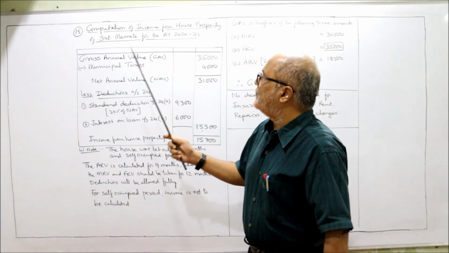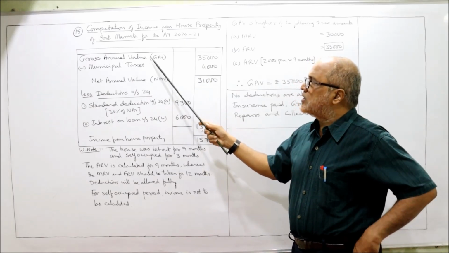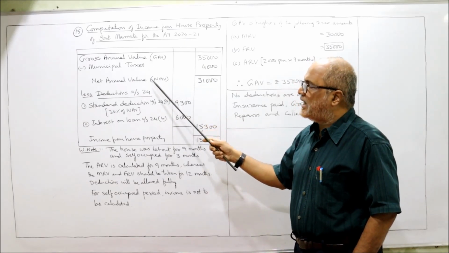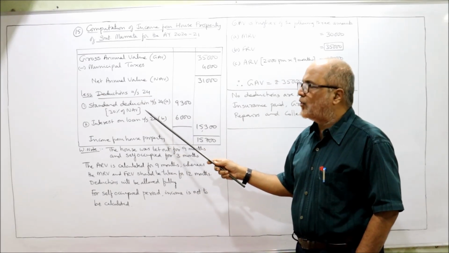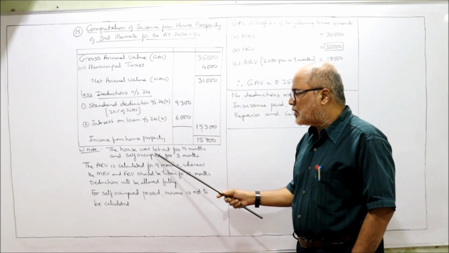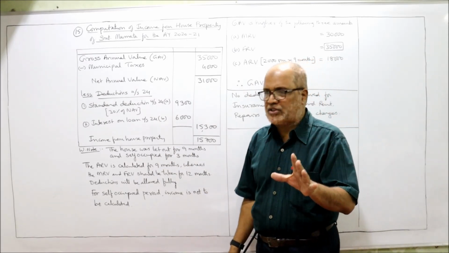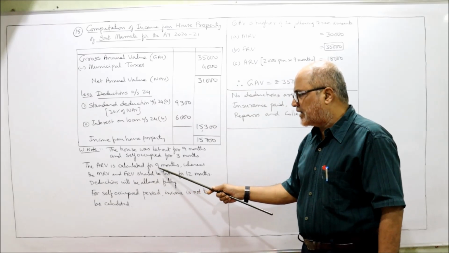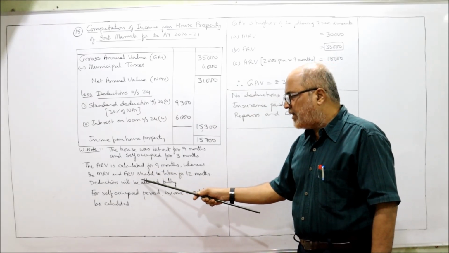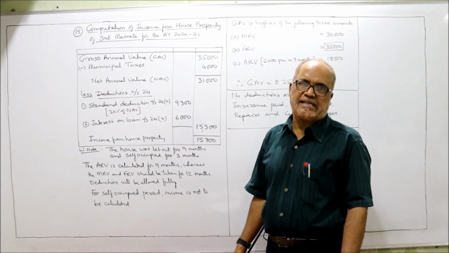Now see here. So here, computation of income from house property of Srimati Mamata for the assessment year 2021. Gross annual value less municipal taxes, NAV less deductions 24, 24A, 24B, income from house property. Now carefully you see here. The house was let out for 9 months and self-occupied for 3 months. But the first point, the ARV is calculated for 9 months, whereas MRV and FRV should be taken for 12 months. These are the provisions given by Income Tax Act.